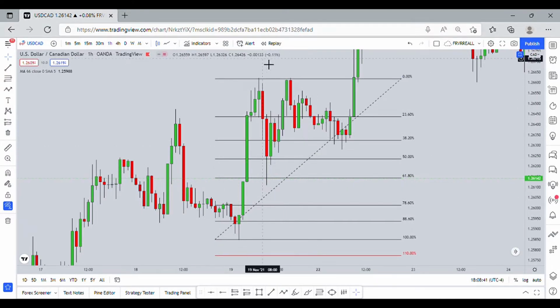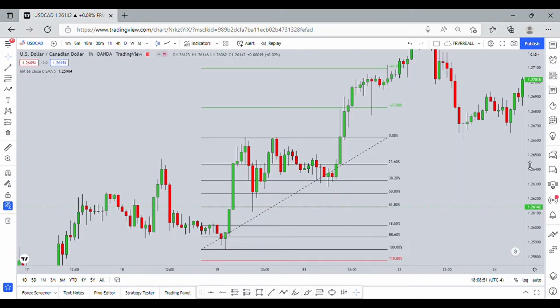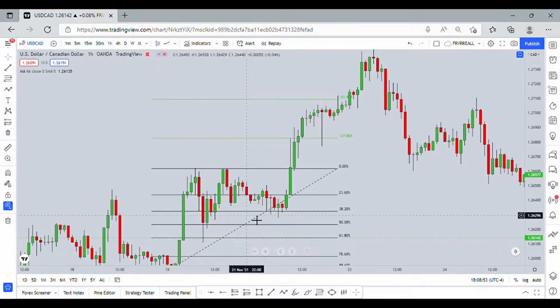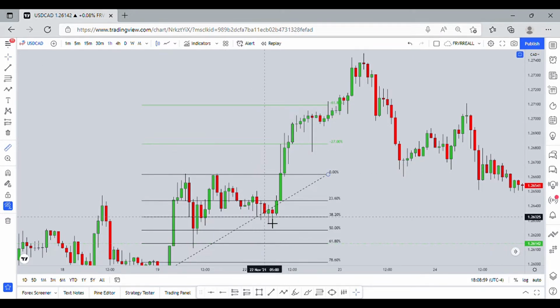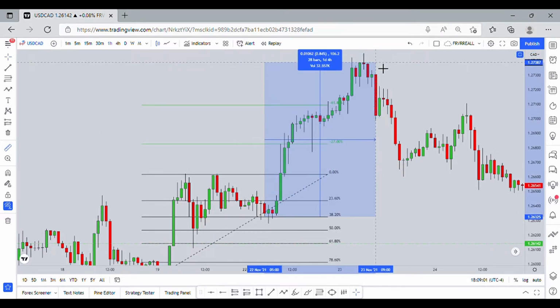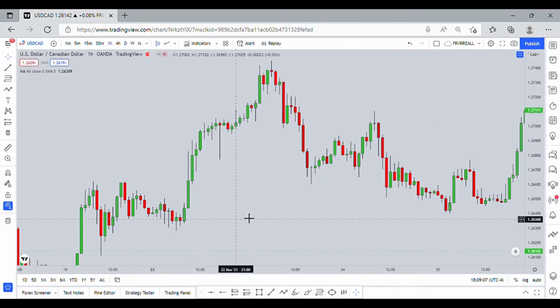So here the trend was gaining back strength after it had retraced to 100%. And you can definitely see that it did have strength because of the way it pushed for a really long time, for over 100 and something pips, 105, 110 pips, right?